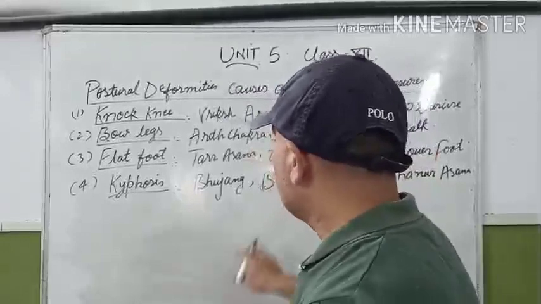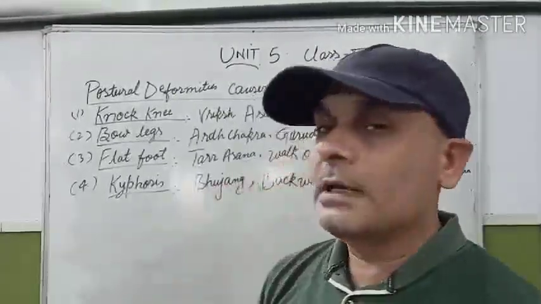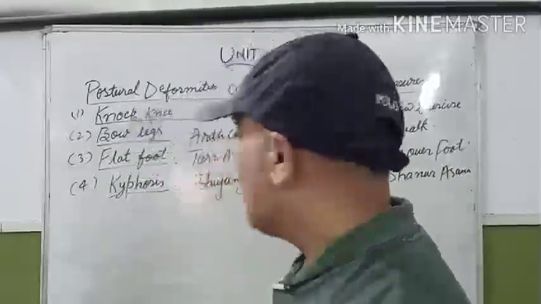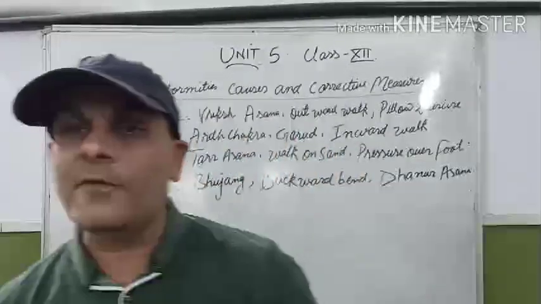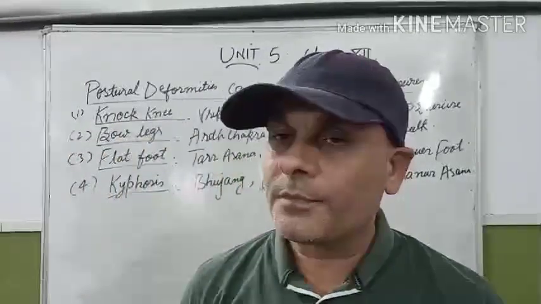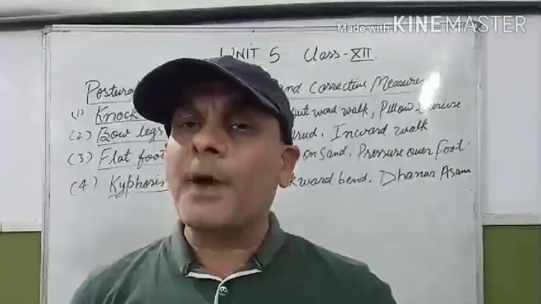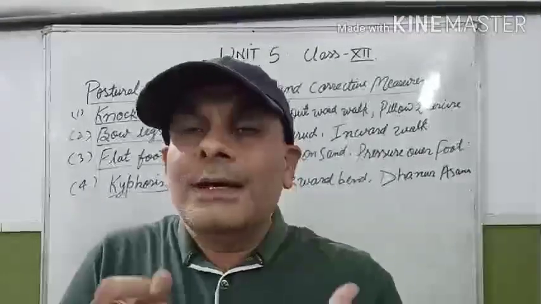Now come to the corrective measures for kyphosis. The first corrective measure is called Bhujangasana, also called the cobra pose. In it, you take the prone lying position, with your abdomen and legs on the ground, and your upper body should lift upward.